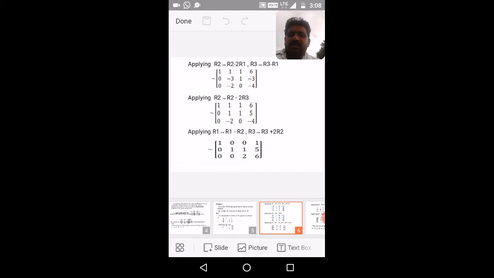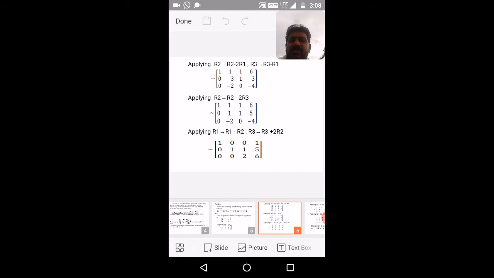And next in this one, R3 minus R1, 2 minus 6, this is minus 4, that is the third row of the new matrix.